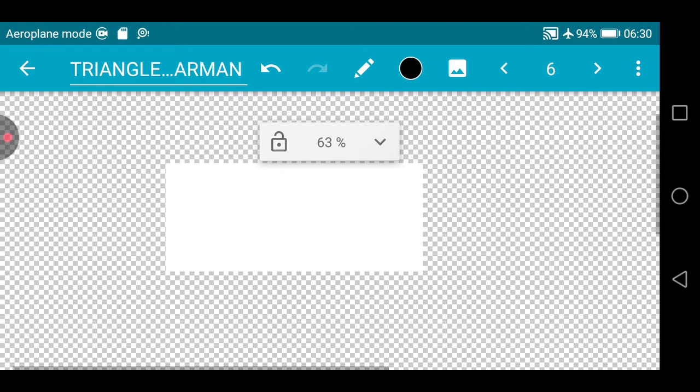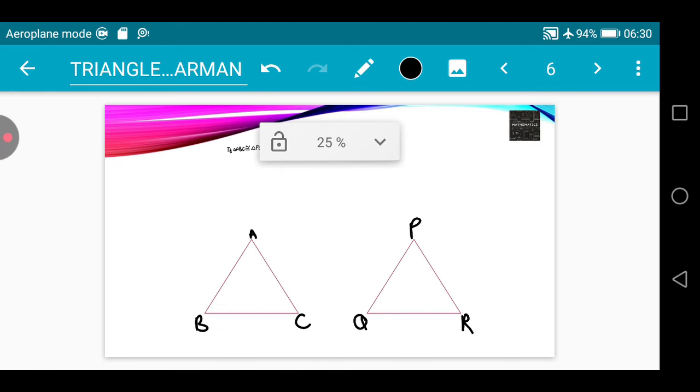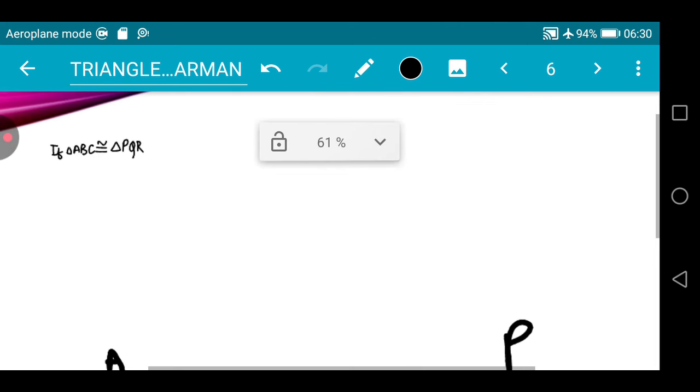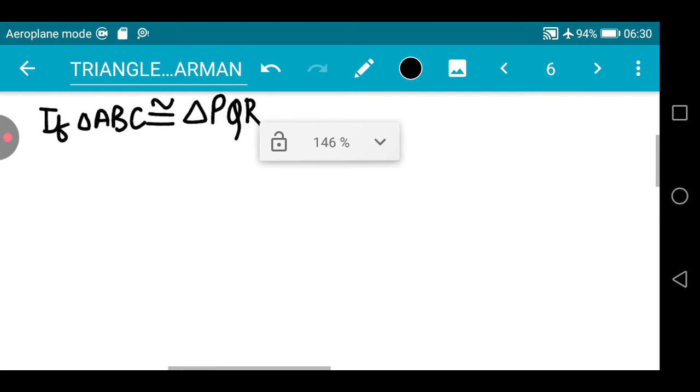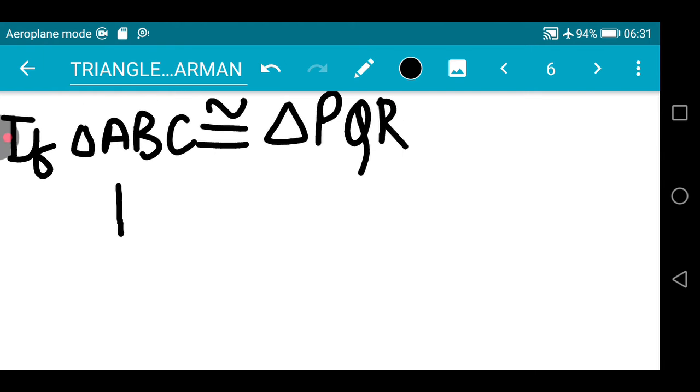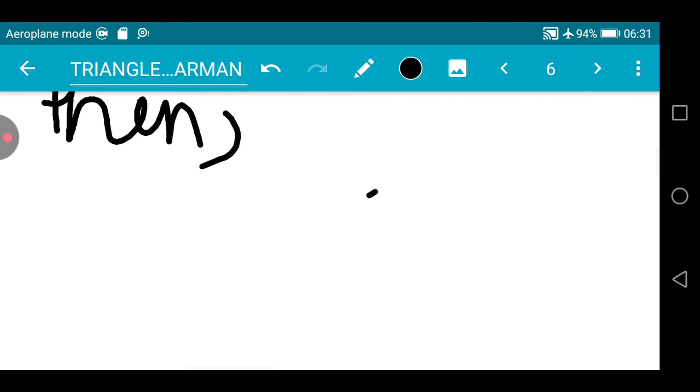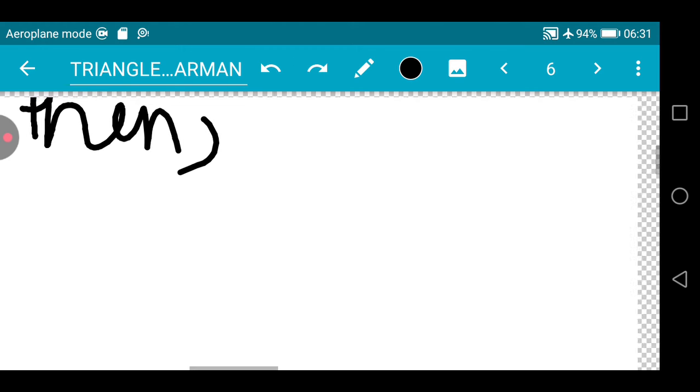Triangle ABC is congruent to triangle PQR. Then what will happen? Then what can I say?